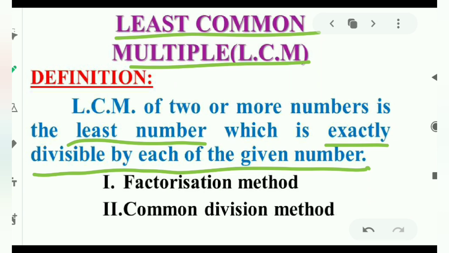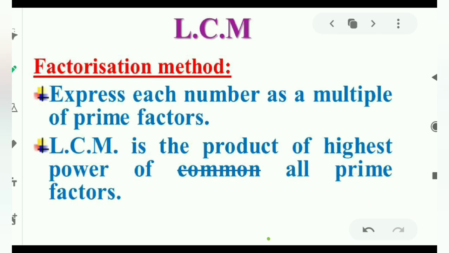We are going to find a number that is going to be a multiple of all the given numbers. Okay, in other words, we can say our given numbers will be the factors of what we are going to find. Okay, obviously LCM will be a number which will be greater than or equal to our given numbers. Okay, let's begin the lecture.